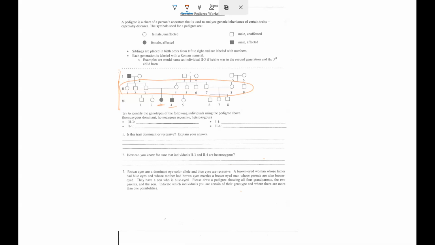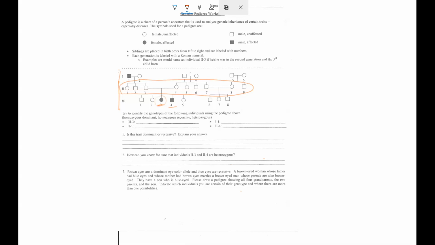Okay, so the first question was try to identify the genotypes of the following individuals using the pedigree above. So for number 3, Roman numeral 3-3, the genotype would be right over here.